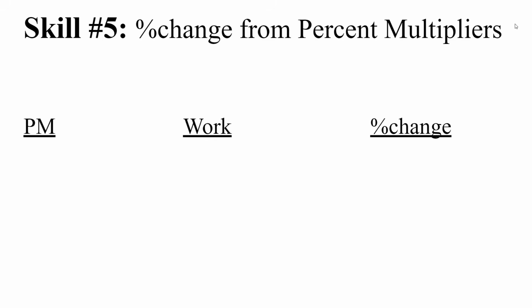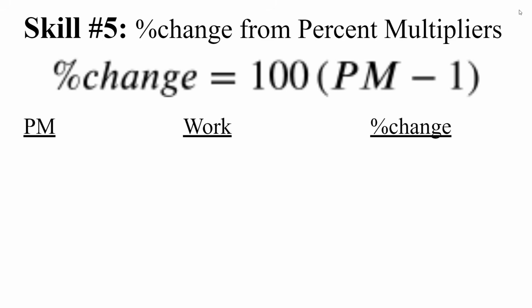So what you do is you take the percent multiplier, you subtract 1, and then multiply by 100. I summed this up in this nice little formula, but it's really better if you understand that the distance from 1 is the change, subtract 1, and then to change anything to a percent, you multiply by 100.